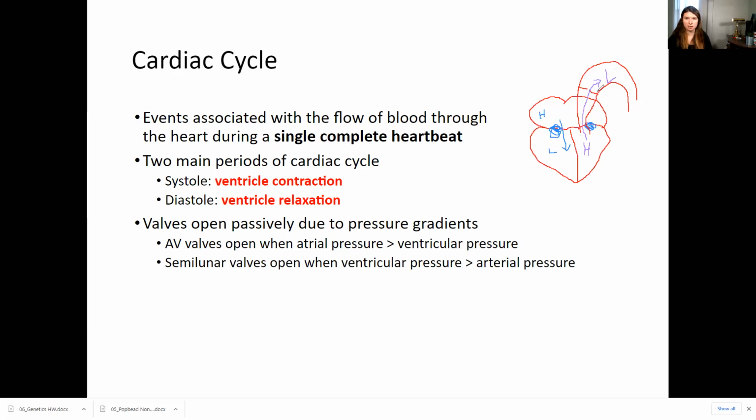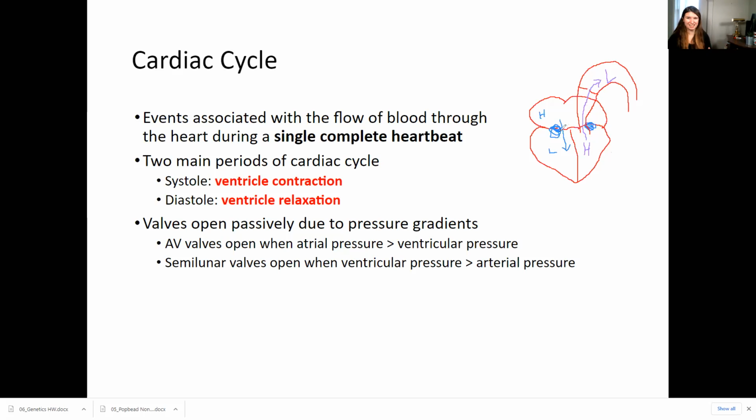This flattens down those leaflets against the wall of the aorta or the pulmonary trunk, the pulmonary arteries, depending whether we're talking about the left or right ventricle, but we're going to be kind of biased towards the left ventricle, to be honest with you. Okay, so when we have high to low ventricle to artery, that's when our semilunar valves are going to open.